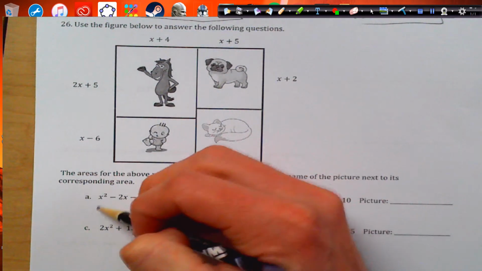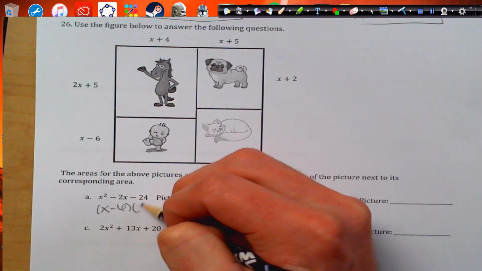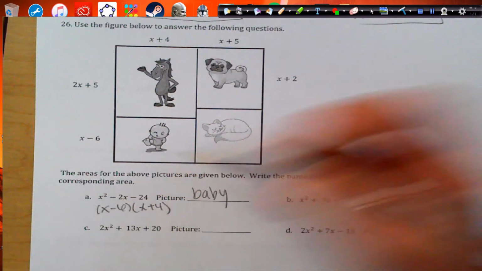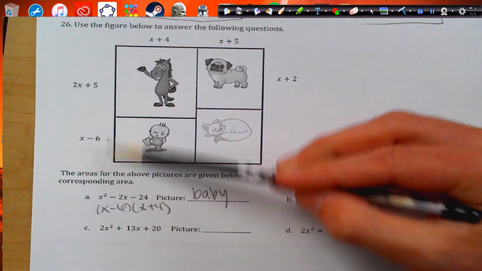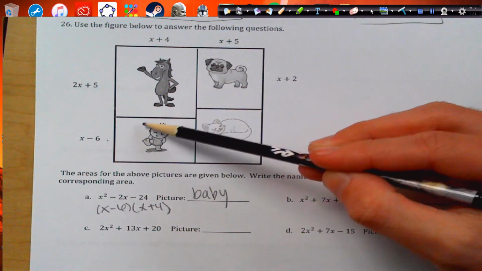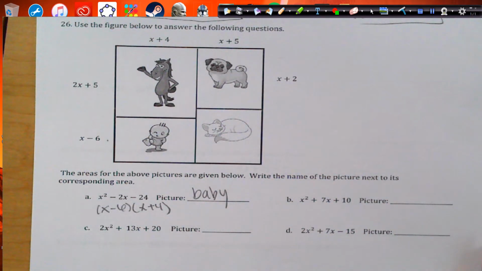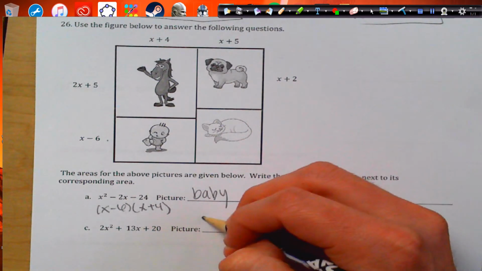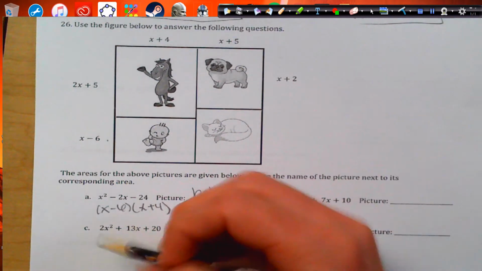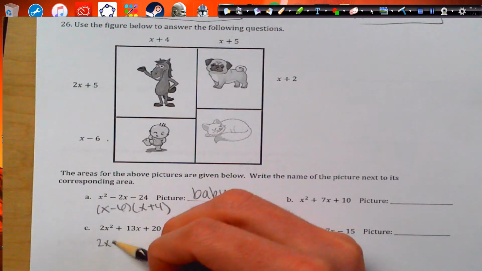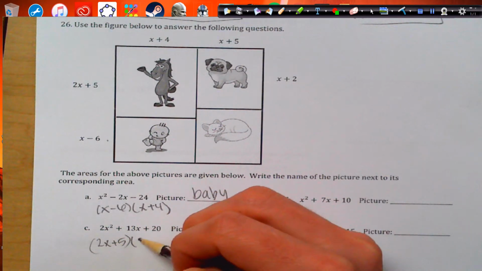This one does factor down to x minus 6 and x plus 4. And x minus 6 is this part of the baby, and x plus 4 is that part, so that's how you get that piece. Okay, the one right below it is going to give us the horse. So we were able to factor this one as 2x plus 5 and x plus 4.